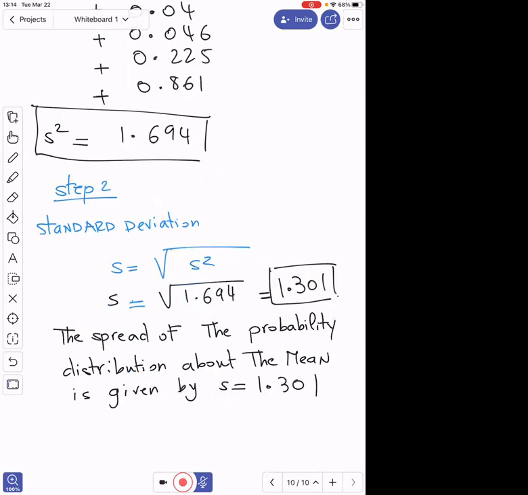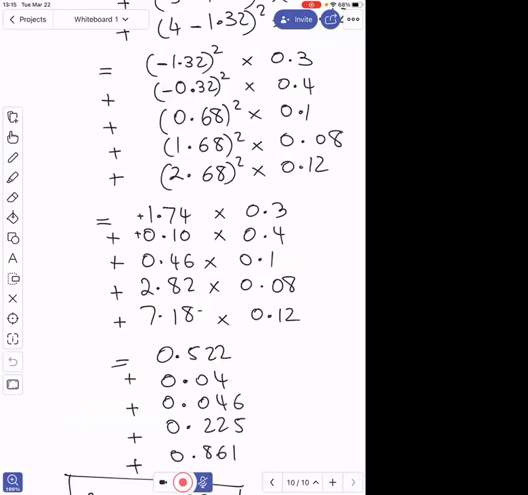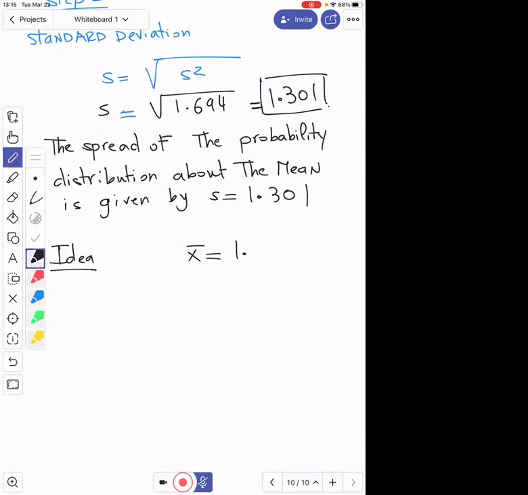The idea here is that you have your mean. What was our mean? Our mean was 1.32, right? Okay, that's your mean.